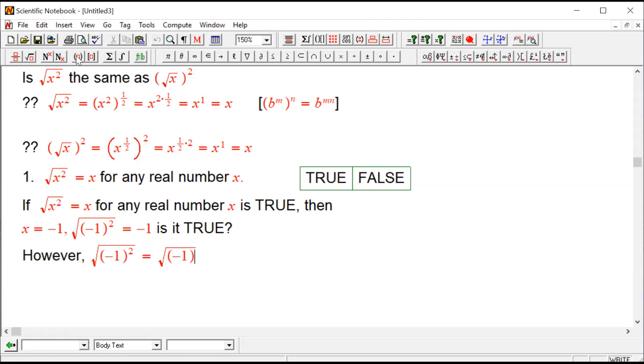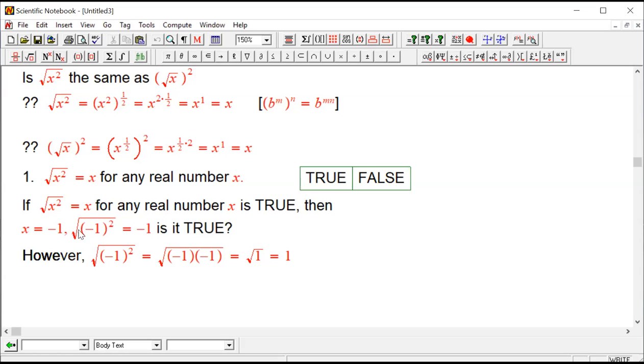It's equal to -1 times -1, and that equals the square root of 1, right? We need to do the multiplication first before we take the root. So we need to do the exponent first. And the square root of 1 is equal to 1. Apparently 1 is not the same as -1, because the right-hand side is -1.